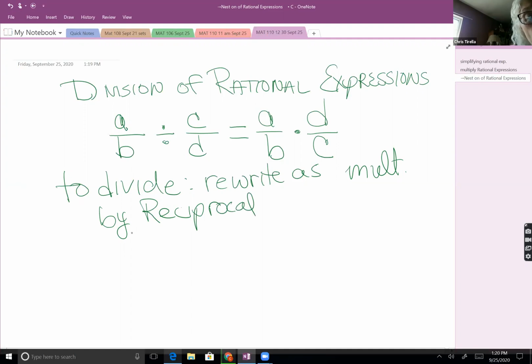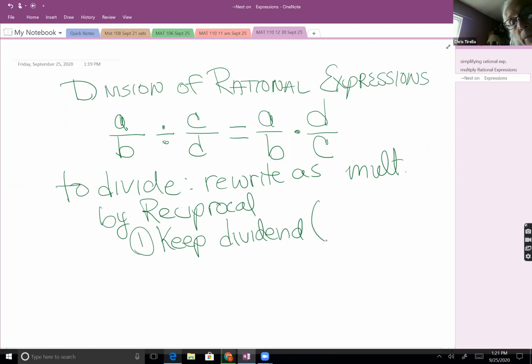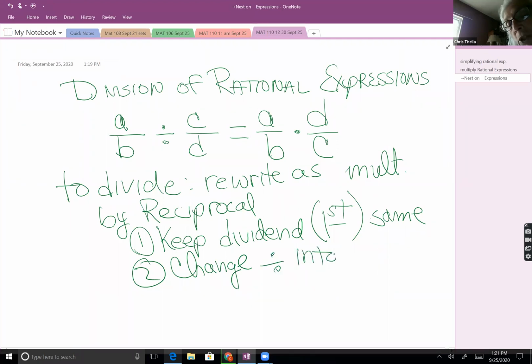So we keep the dividend, the first fraction, the same. We change the division into multiplication.